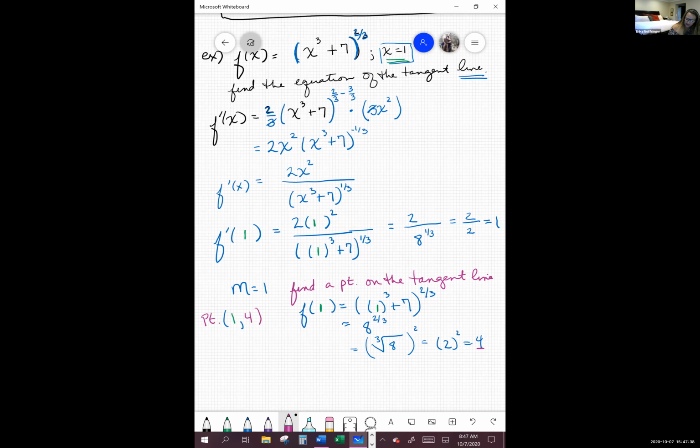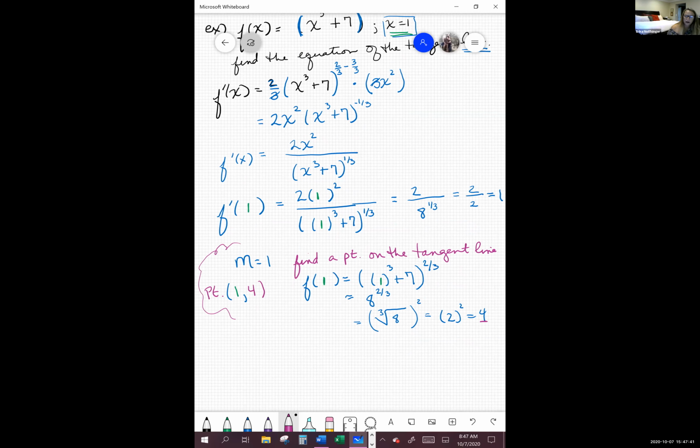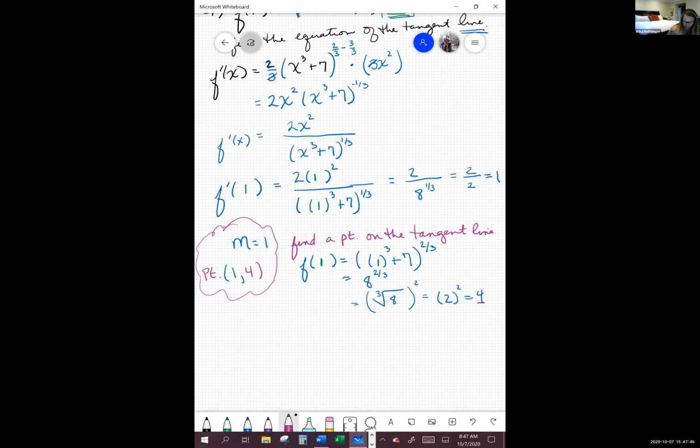So using that, we know what our slope is, what our point is, we can find the equation of a line. I tend to like to use y equals mx plus b and just solve for b first. So our y value is 4, equal to our slope, which we said was 1, all times x, which is 1, plus b.